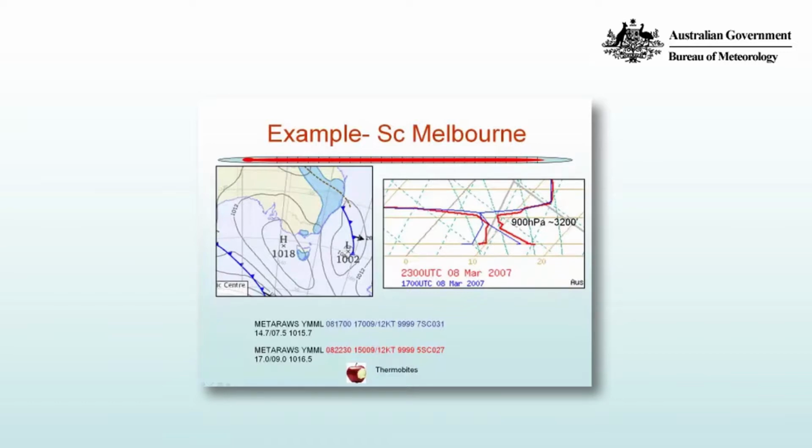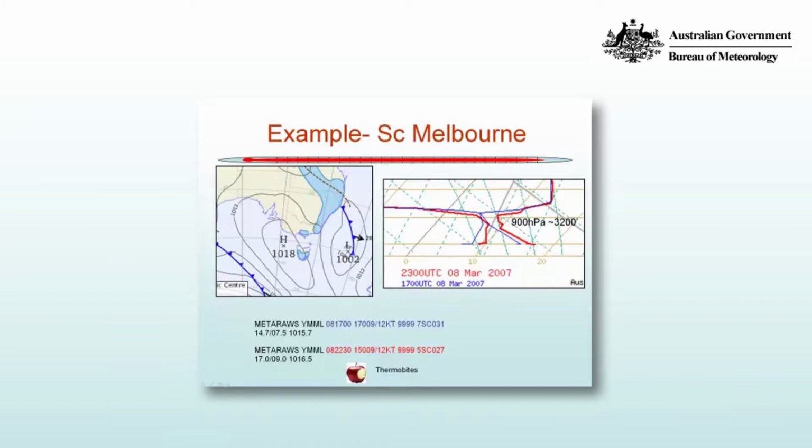You can see there's been a change in that 6-hour period. The dew point depression has increased and the entire profile has moved to the right, so there has been warming but also an increase in the moisture, even though the dew point depression has increased.